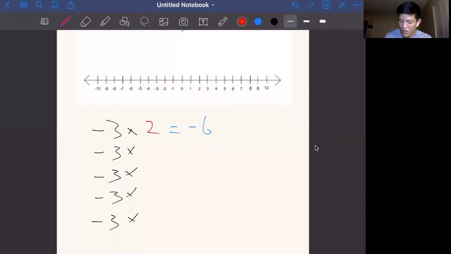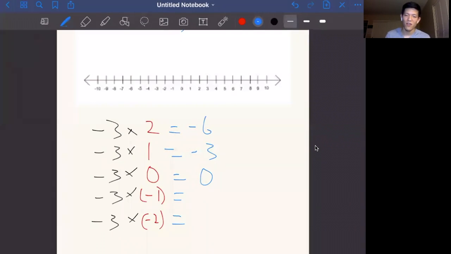And negative 3 times 1 was equal to negative 3. Negative 3 times 0 is 0. Then going down the numbers, 2, 1, 0, what comes after is negative 1 and then negative 2, right? That's what comes after according to the pattern.